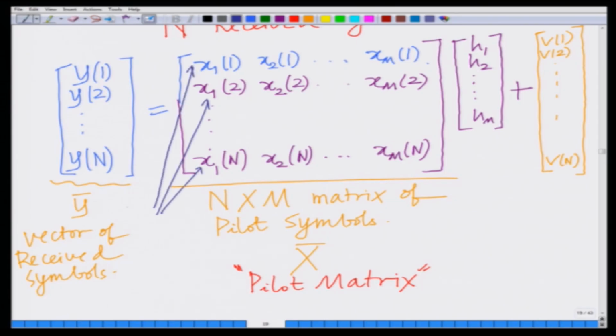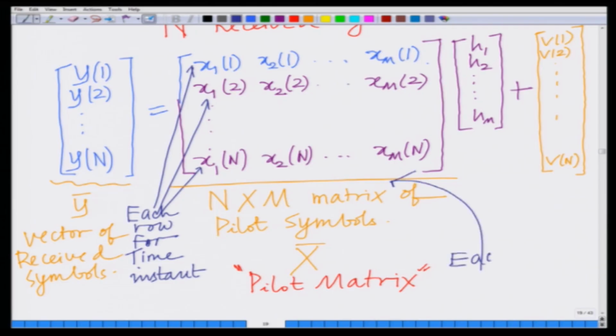And each column corresponds to an antenna, right.